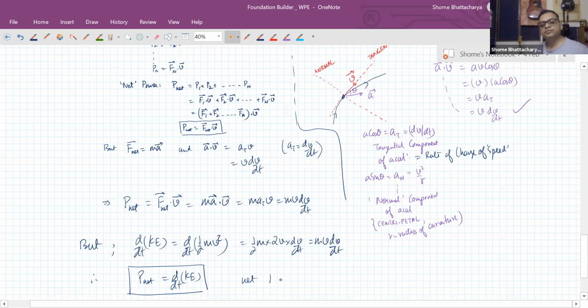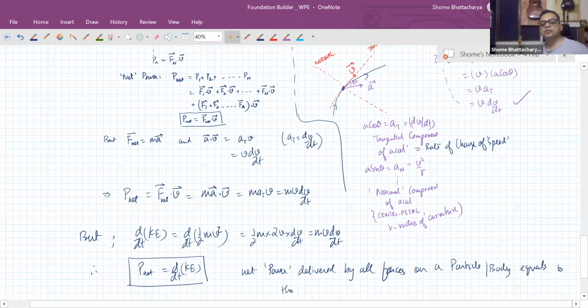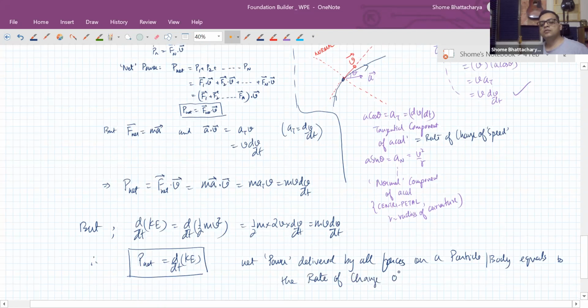So the net power delivered by all forces on a particle or body equals the rate of change of its kinetic energy with respect to time.